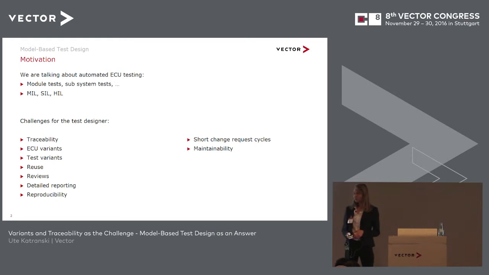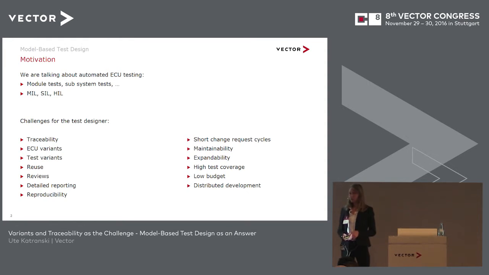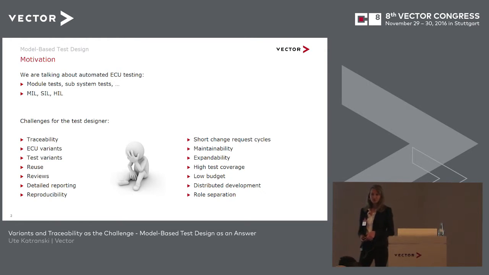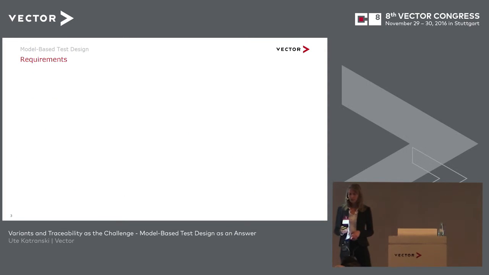I have short change request cycles, so I need good maintainability and extendability, and test coverage should be good, and I might also have distributed development and design with distributed roles, different roles. So the test designer might suffer a headache from all these requirements. So what can we do about all that?